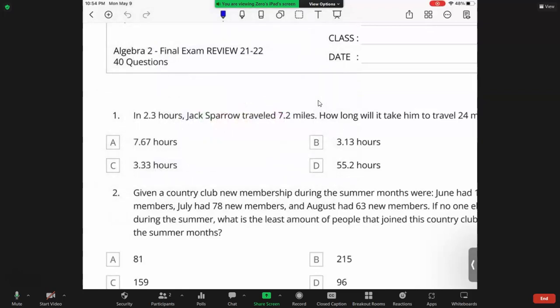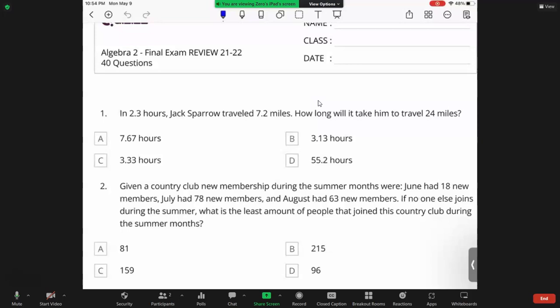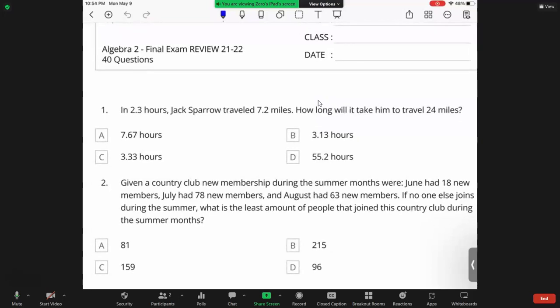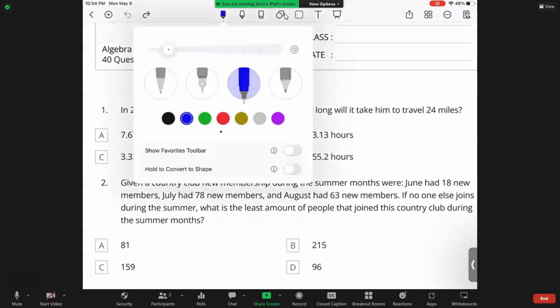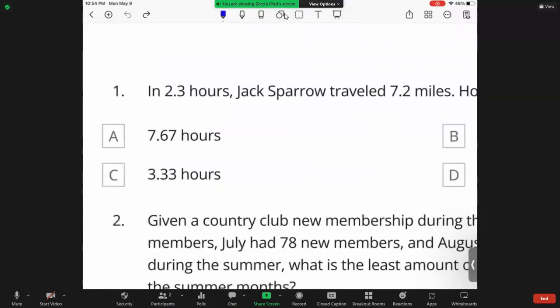Number one, in 2.3 hours, Jack Sparrow traveled 7.2 miles. How long would it take him to travel 24 miles? So you're going to make a ratio here. We're going to do 2.3 hours on top, and he went 7.2 miles.